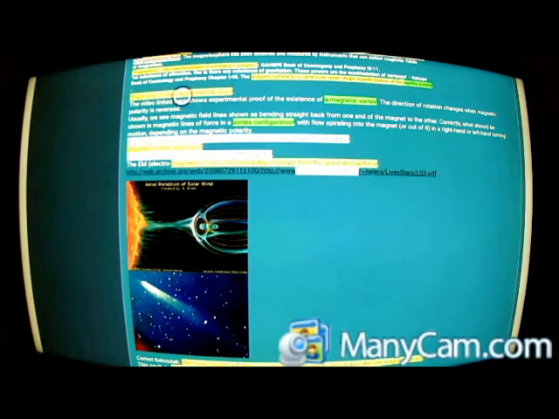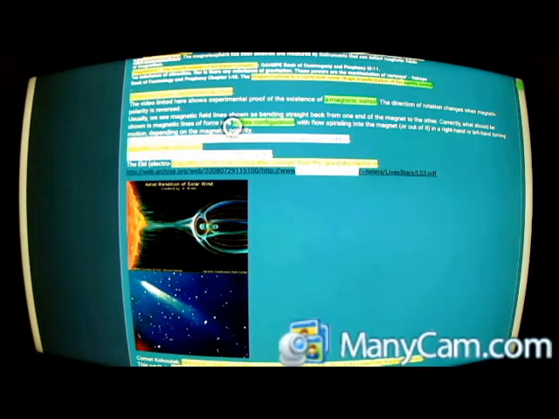Now, below that on my webpage, it says magnetic vortex, experimental proof. Again, experimental proof. The video link here shows experimental proof of the existence of a magnetic vortex. The direction of rotation changes when magnetic polarity is reversed. Usually we see magnetic field lines shown as being straight back from one end of the magnet to the other.